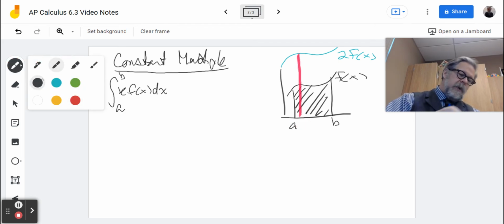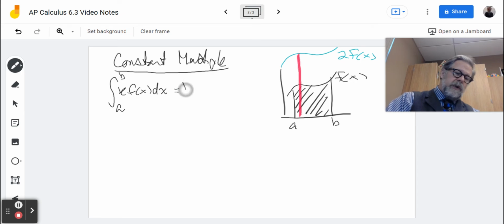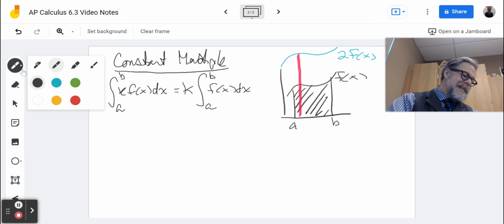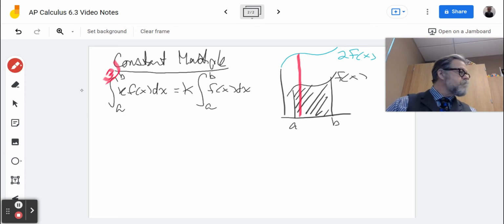Now, applying this to any constant, we could just take the constant out and find the integral from a to b of f of x dx, and then multiply it by whatever our constant is. So there's number 3.